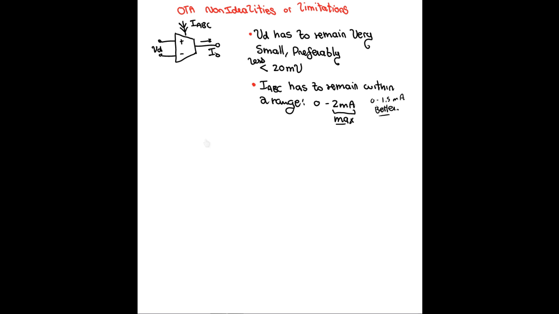So what could be a possible implementation of our previous second order low pass filter that meets these limitations? So we'll call it possible implementation. We will do two things.